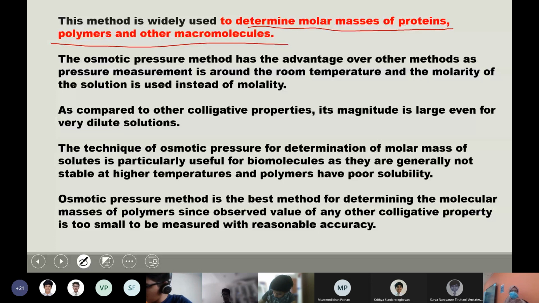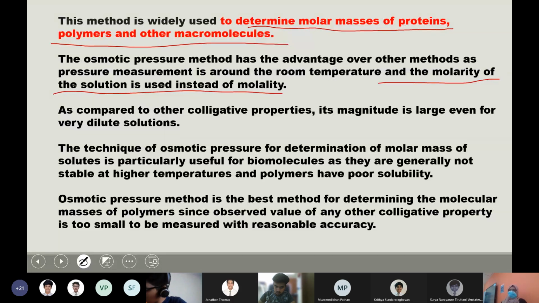We use osmotic pressure to calculate their molar mass. And as a summary, the first reason is that molarity is used instead of molality. That is the main difference between the osmotic pressure method and other colligative properties like delta TB or delta TF. This is more important because here we are using molarity instead of molality.